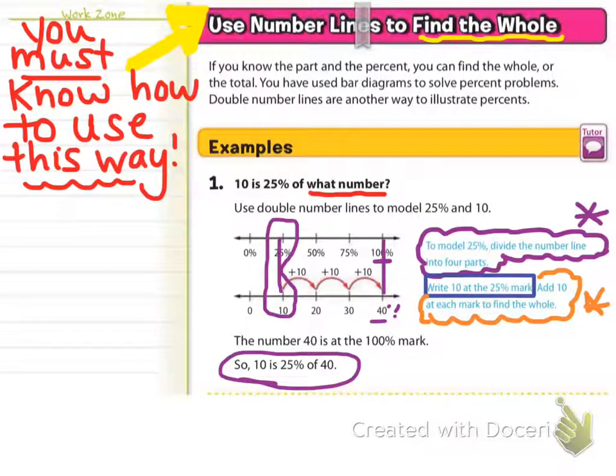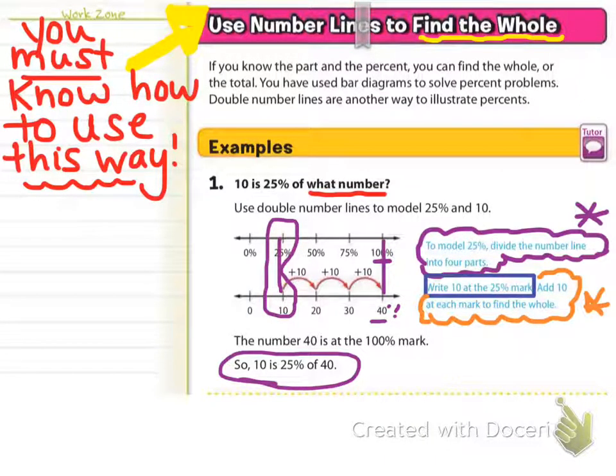So the number lines that are given, the top number line represents the percent, and they are counting by 25. So 0%, 25%, 50%. The next scale is 75%, and ending with 100%. They have split it into equal parts.